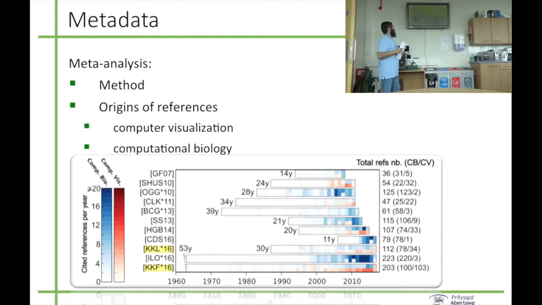Another reason is that some of the computer visualization papers are published only in conference proceedings, and they are not referenced in scientific article databases such as PubMed, which is commonly used by computational biology.